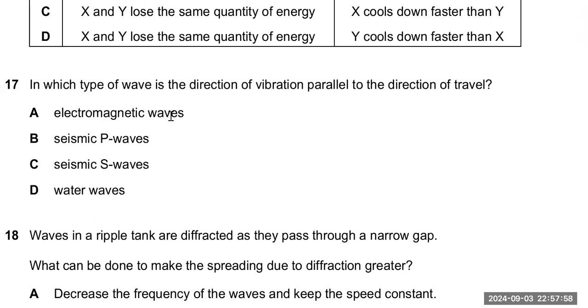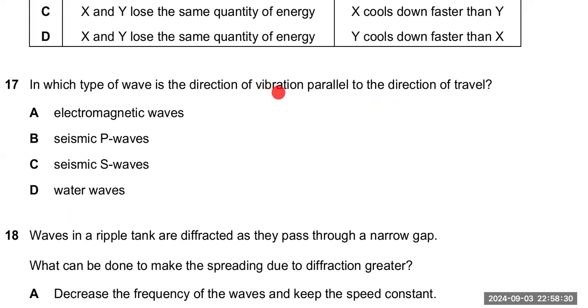In which type of wave is the direction of vibration parallel to the direction of the wave? So this is related to seismic waves. I will give you a little bit of difference about that. First of all, remember there are two types of waves, transverse waves and longitudinal waves.